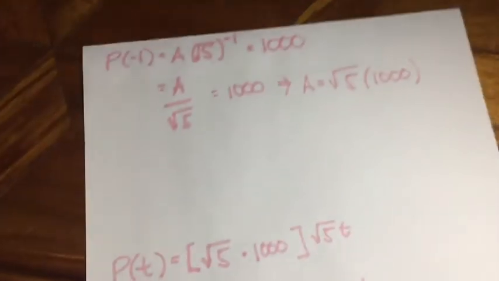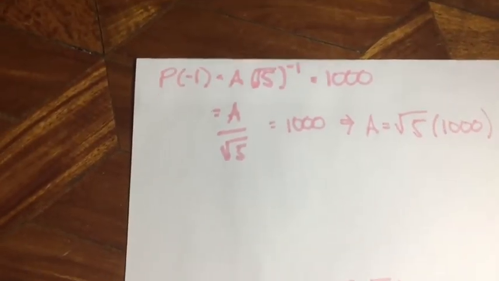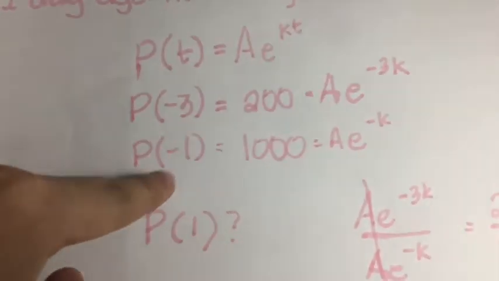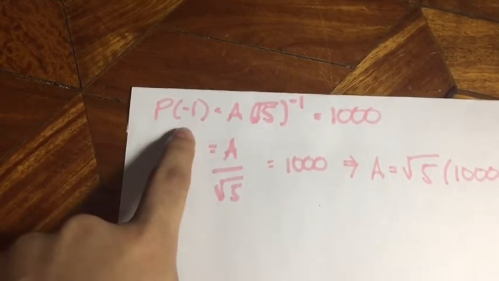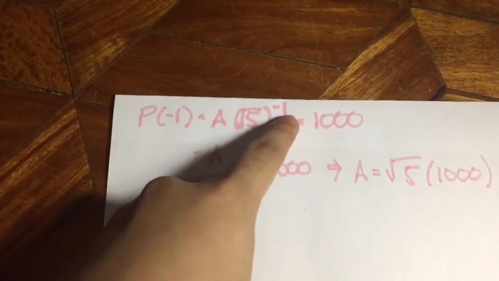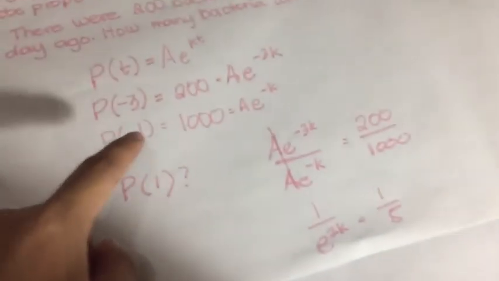In this next step, we can use either of the two given values, so we're just going to choose P of negative 1. So P of negative 1 equals A times square root of 5 raised to negative 1, which is equal to 1000, because it's right here.